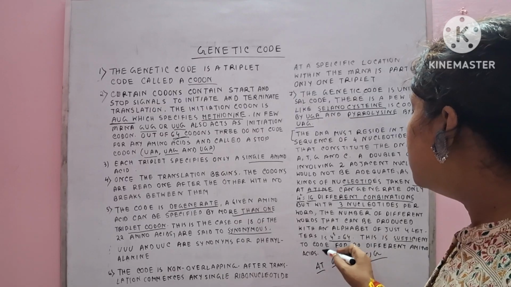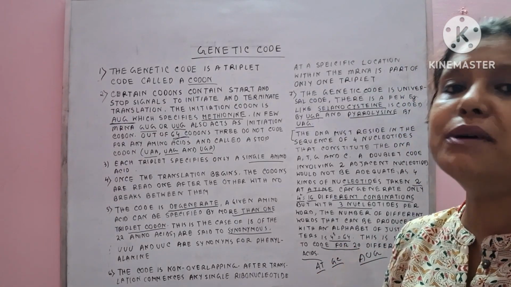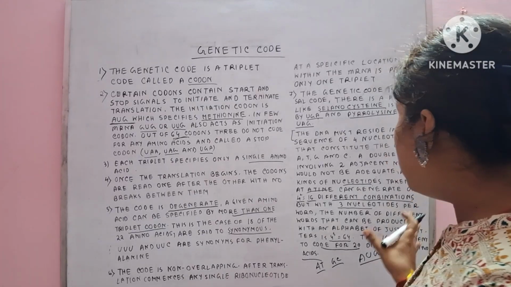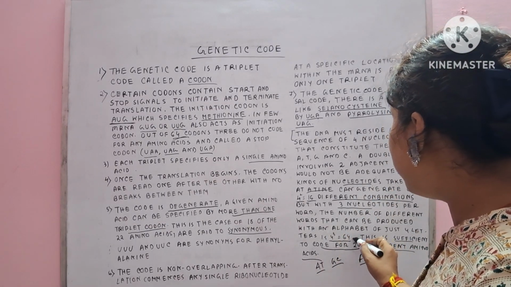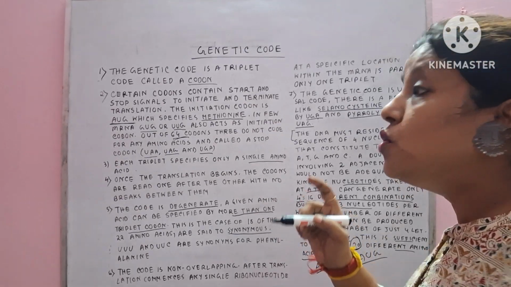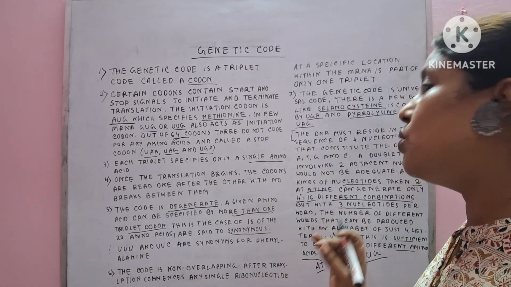Why? Because it is possible to code for 20 different amino acids. The codons can bind with 20 different amino acids due to the presence of the triplet code.